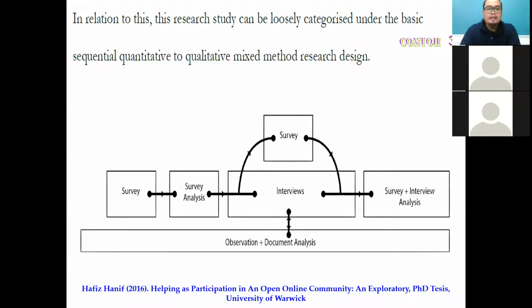Okay, this is another example from Hafiz Hanif. They try to show their topic on helping and participation in open online communities. This shows how they integrate the quantitative and qualitative. We call this a sequential quantitative to qualitative mixed method research design. They start with the survey, and then go straight to the survey analysis.